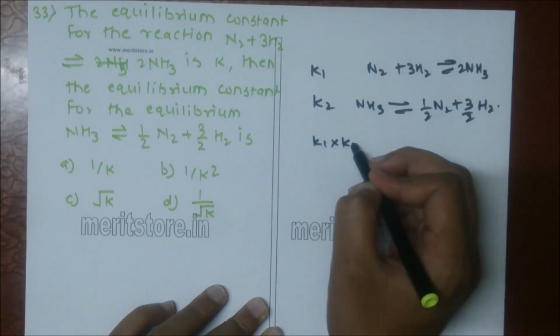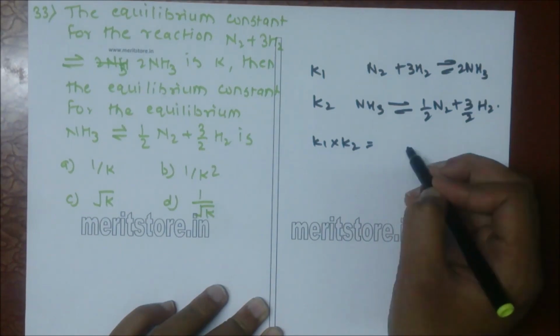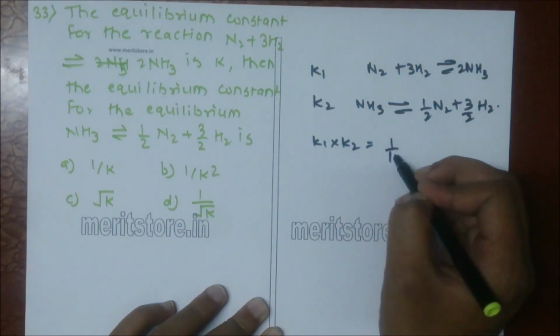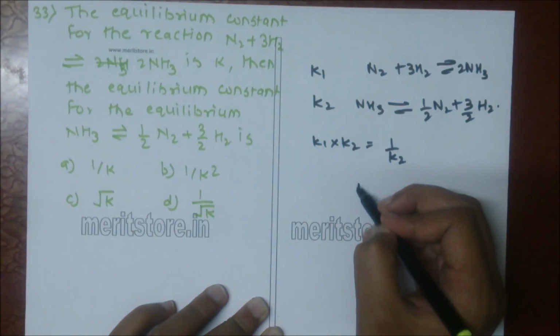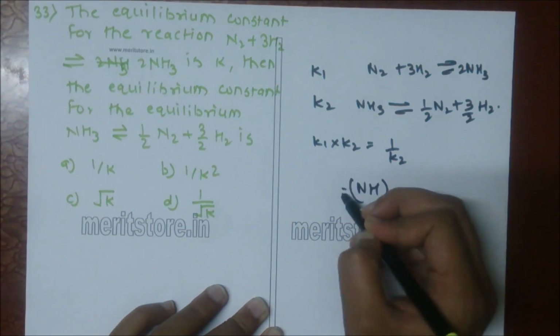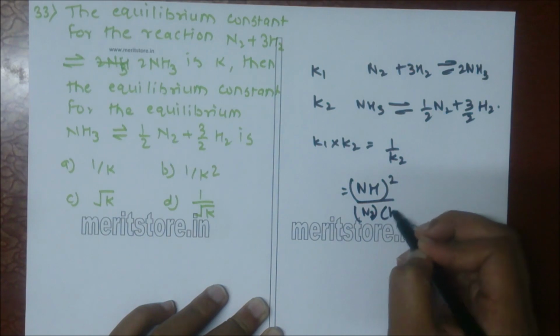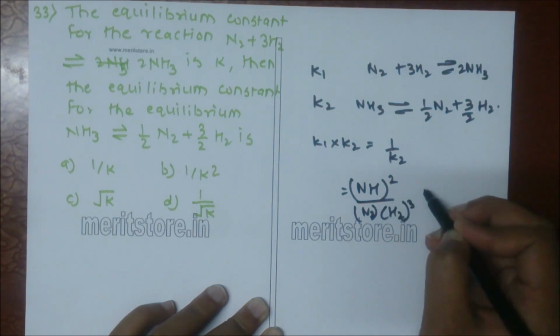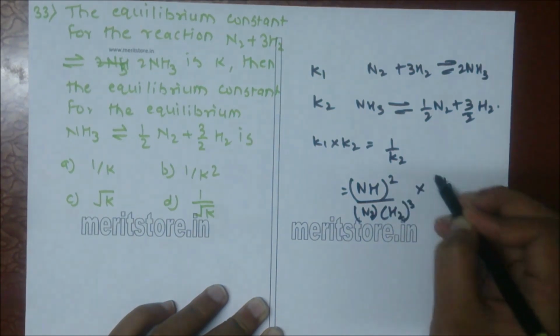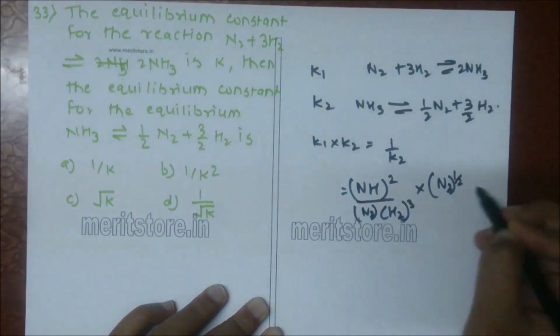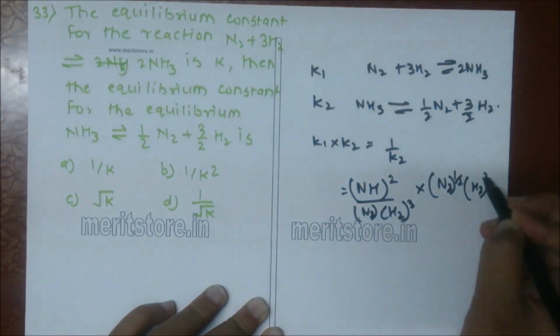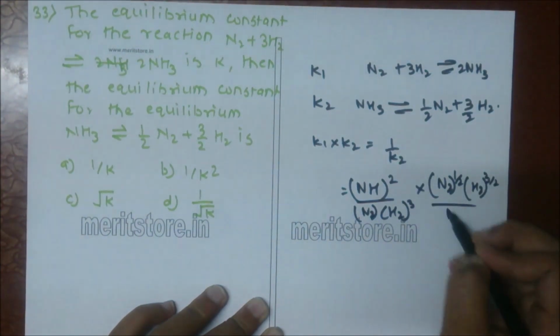K1 into K2 we get 1 upon K2 as ammonia squared divided by N2 into H2 cubed, into N2 raised to half, H2 raised to 3/2 and ammonia.